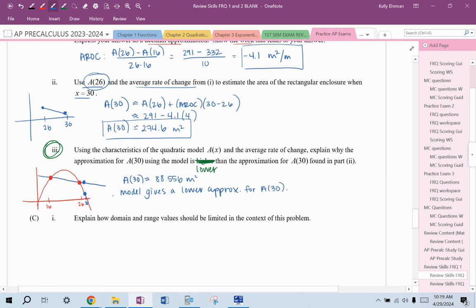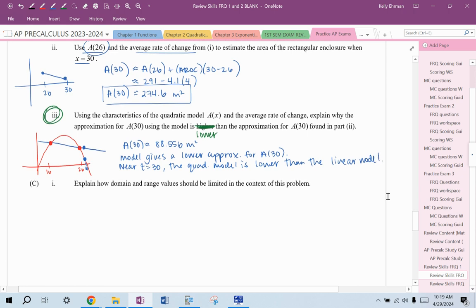Why is that? Because near t equals 30, the quadratic model is lower than the line, or we could say than the linear model.